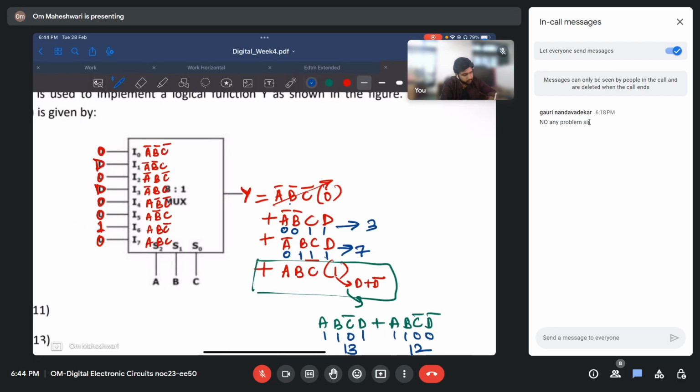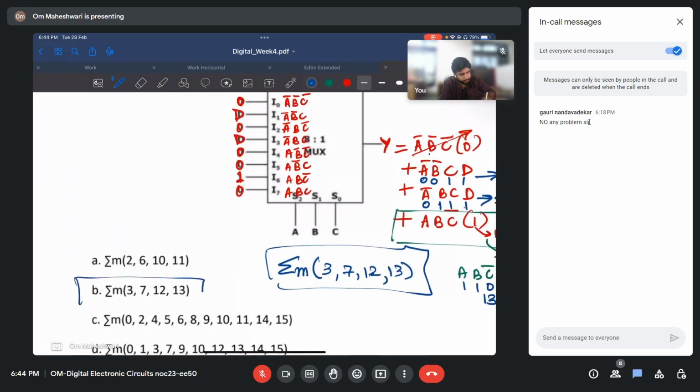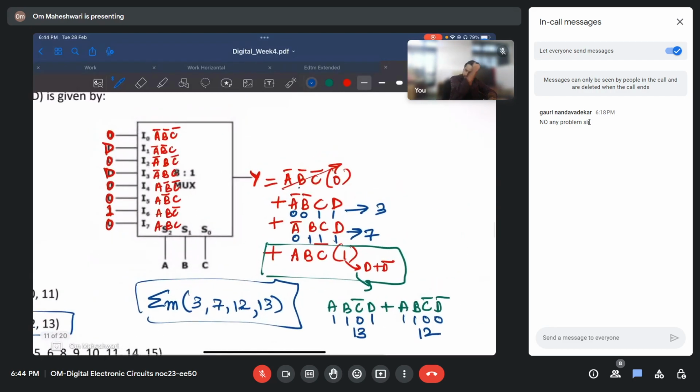So what we have is sigma m of 3, 7, 12, 13, and this is the answer. Is this clear?